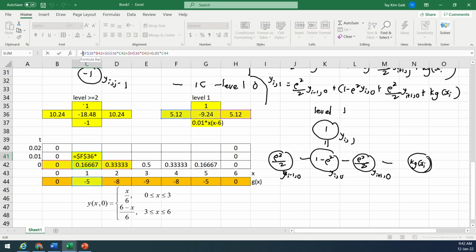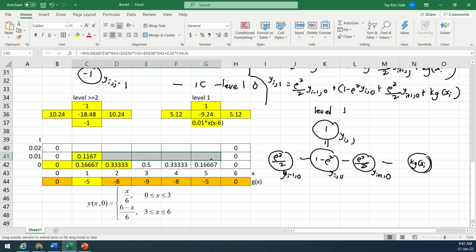You may round it to 4, and then you copy it. So this is level 1.